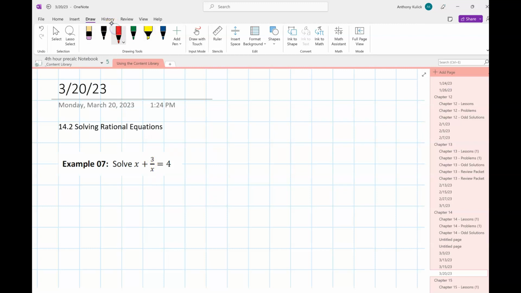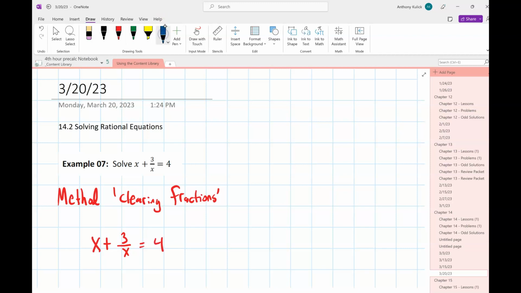Okay. Our solving method that we're going to be using to deal with these is called clearing fractions. So the idea here is to clear fractions.